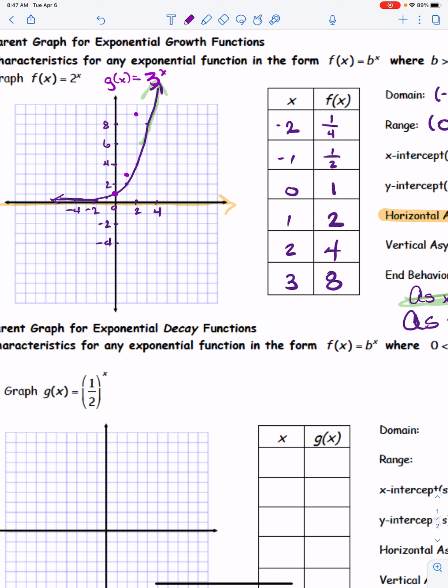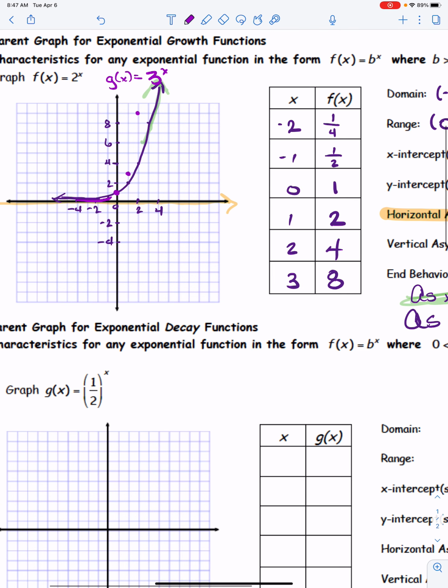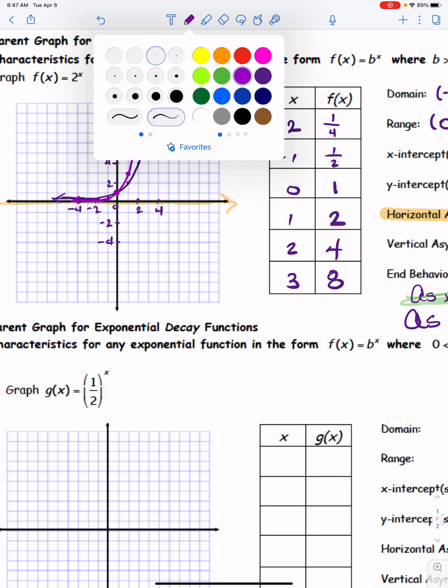So on the positive side of the y-axis, the bigger base is going to make our graph rise faster. Over here on the negative side, 3 to the negative 1 is 1/3, then 1/9. So it's actually going to be below the other graph to the left of the y-axis and above my other graph to the right.